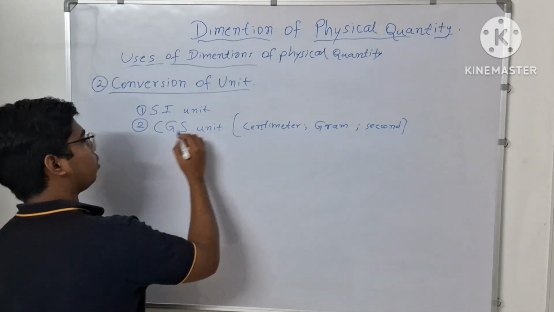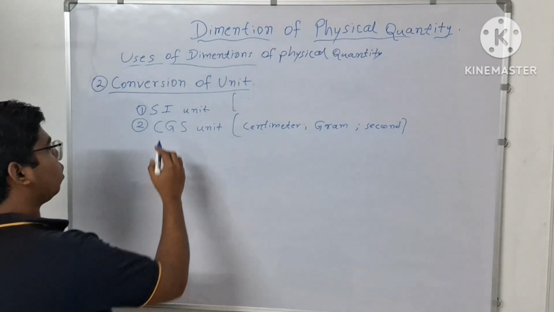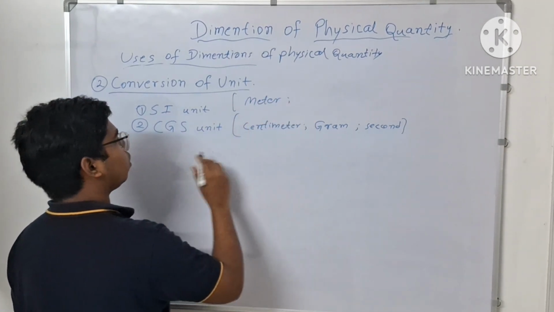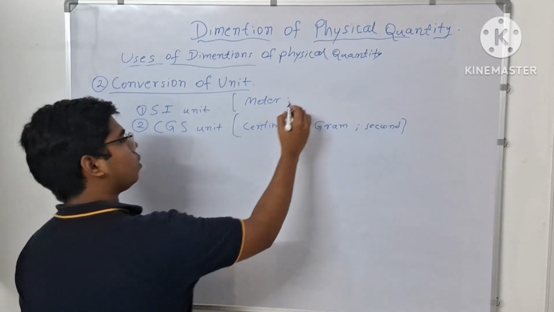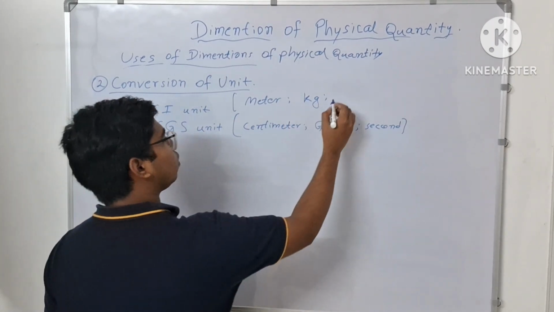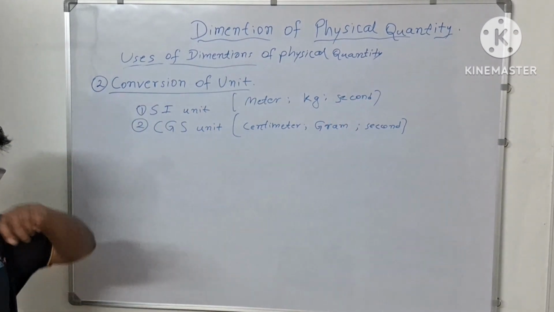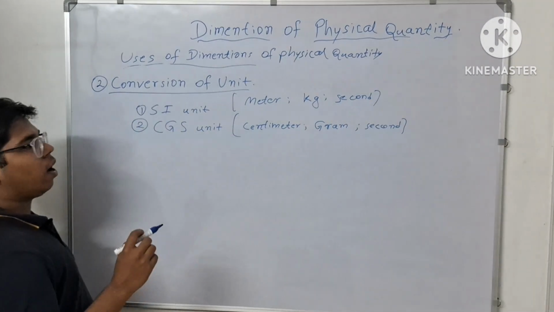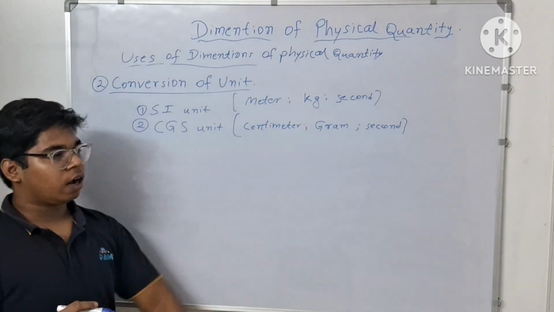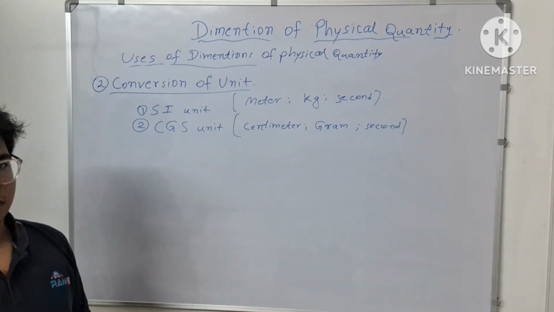And what are these three quantities in SI unit? In SI unit, length is in meter, mass is in kg, and time is in second. So if we want to convert from meter to centimeter and kg to gram, then we need to convert all the physical quantities' units.